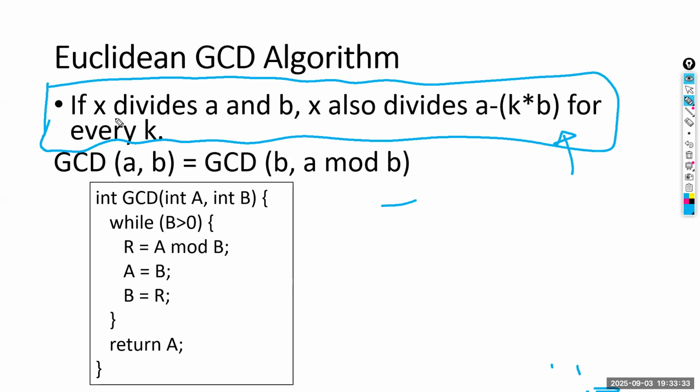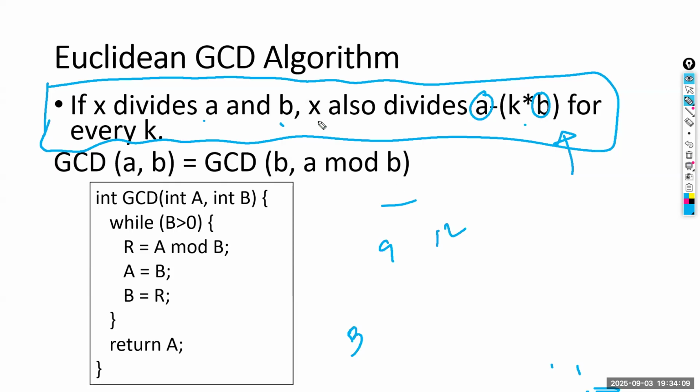Okay. So how do you say? If x divides a and b, x also divides a minus k times b for every k. For example, say if your x is 3, 3 divides 9 and 12.